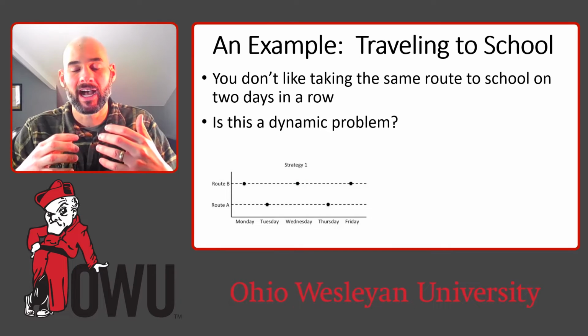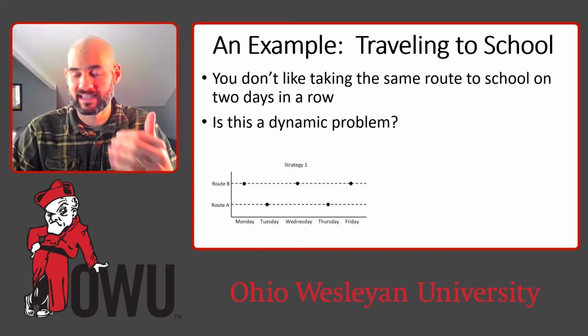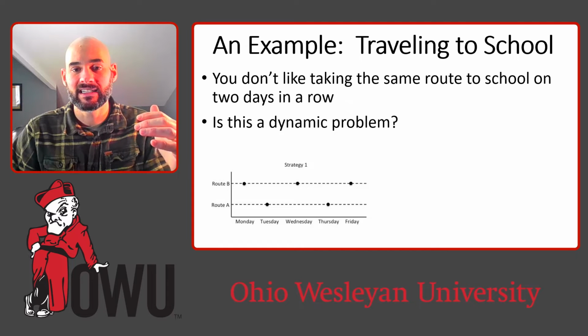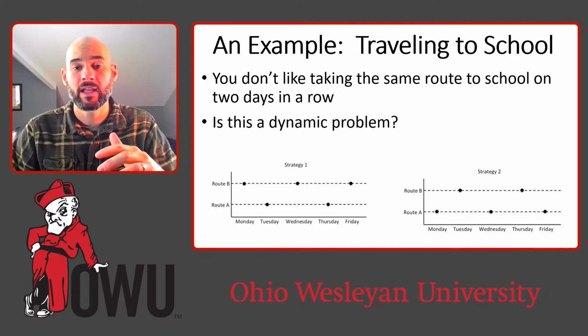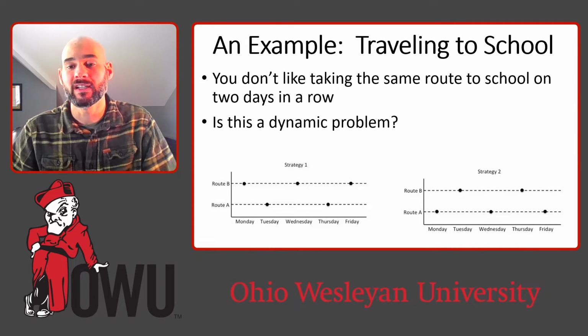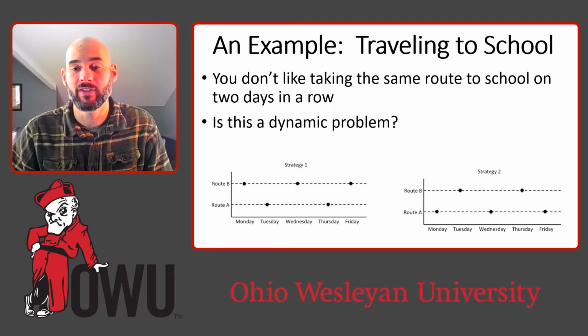And so there are decisions being made over time here. But we could also choose the other pattern of choosing route A on Monday, route B on Tuesday, route A on Wednesday.